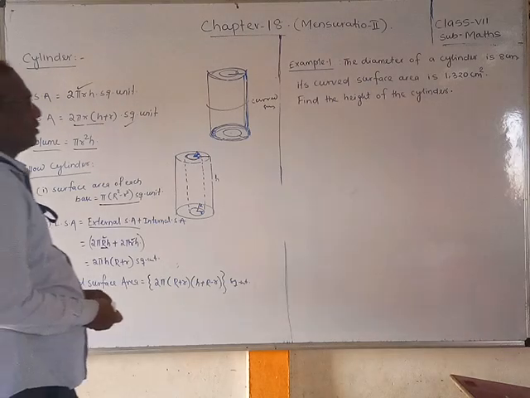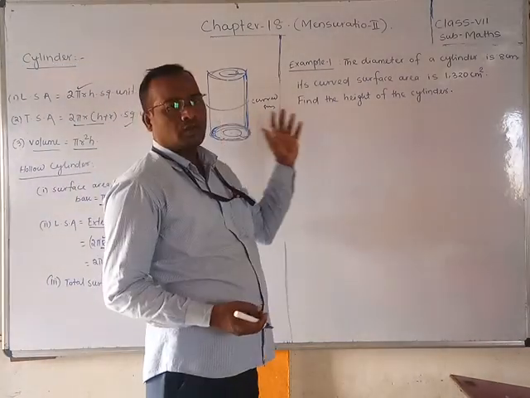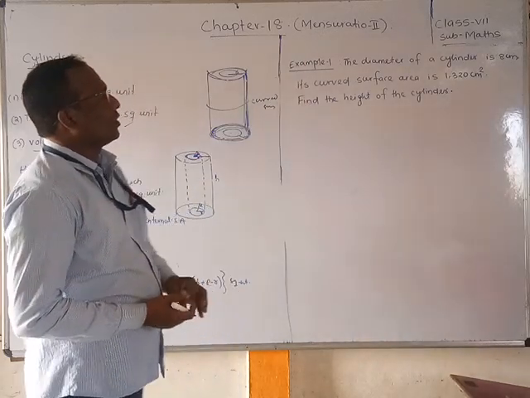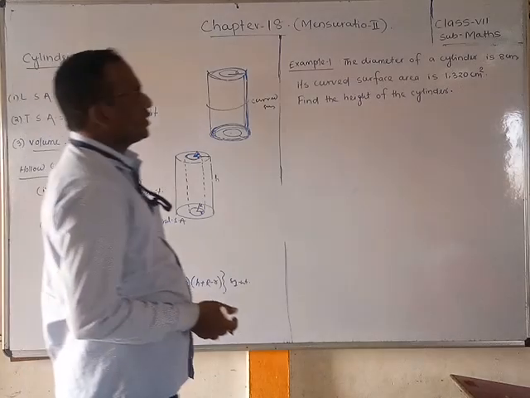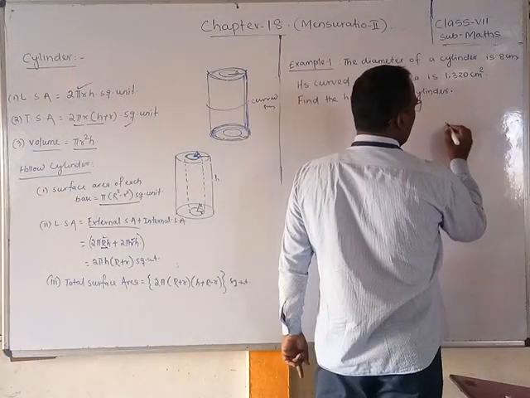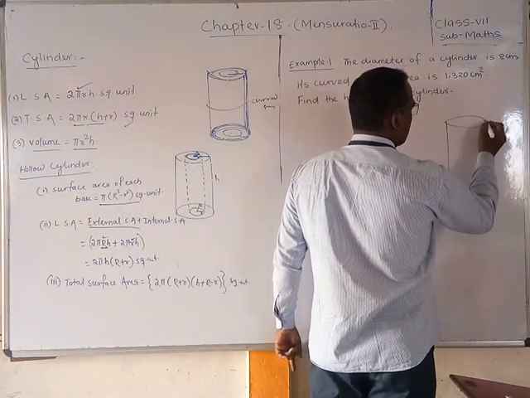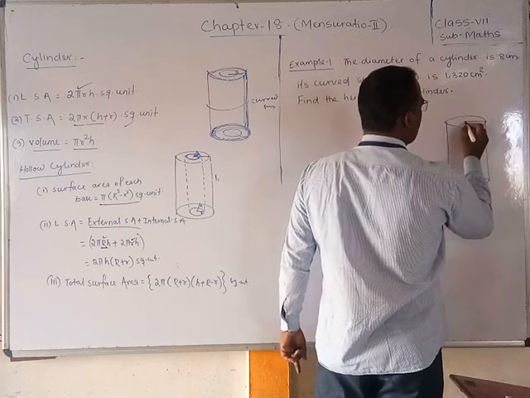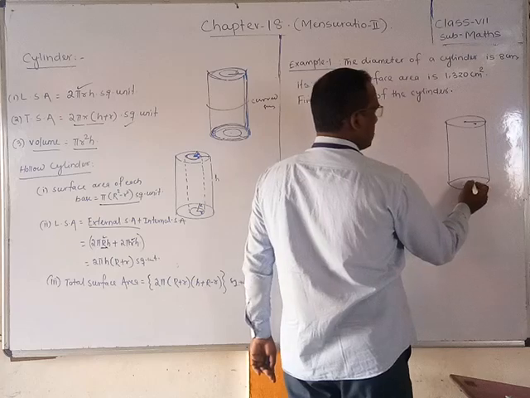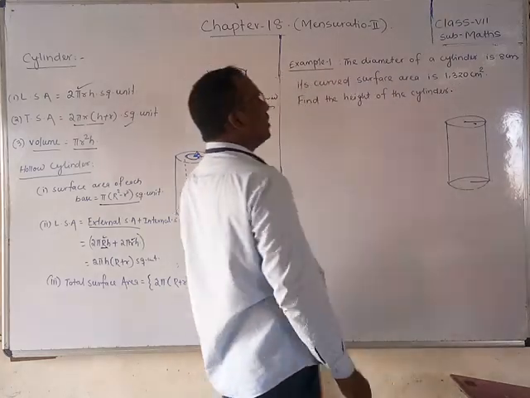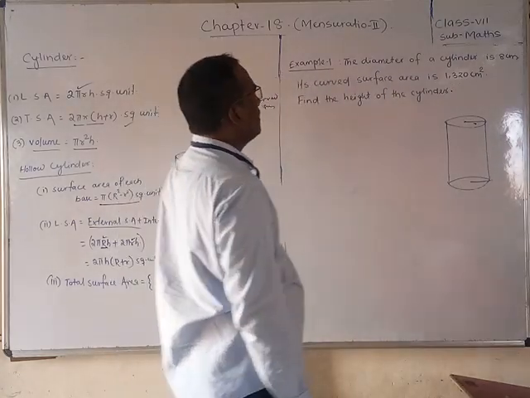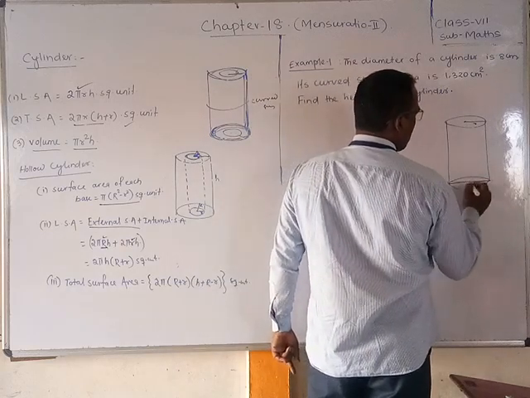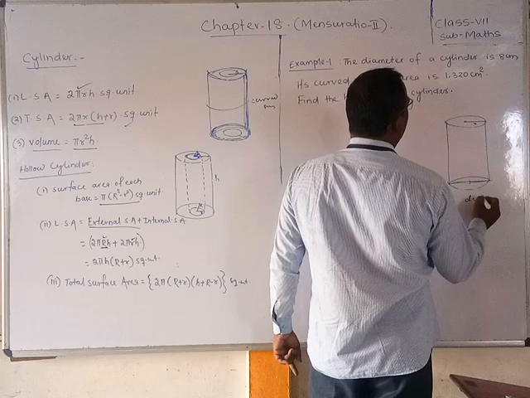Now based on this formula of the cylinder, we should solve one example. The diameter of a cylinder is 8 cm. One cylinder is given, and compulsorily you have to draw the picture whenever you are solving mensuration. So first of all, draw the cylinder. Suppose this is the diameter, and the diameter is 8 cm.